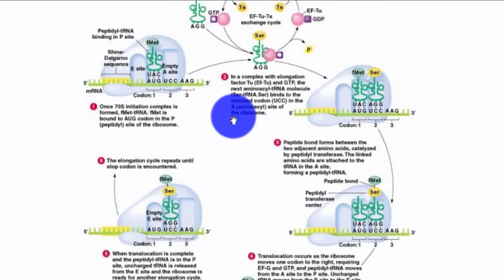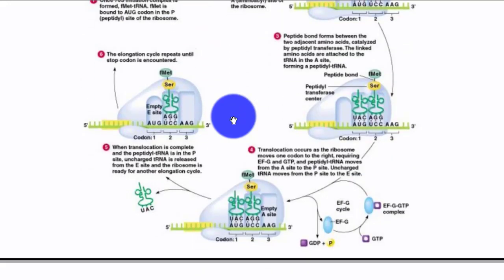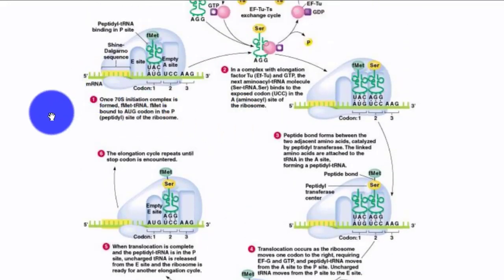Once the 70S initiation complex is formed, the fMet is bound to the AUG codon in the P site of the ribosome. The cycle starts here in the initiation complex.